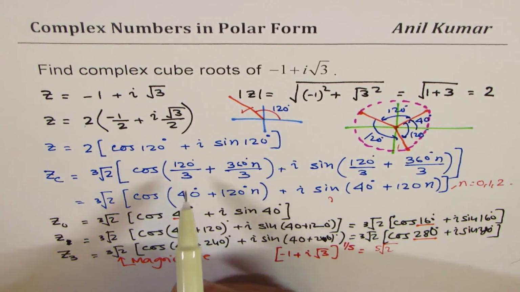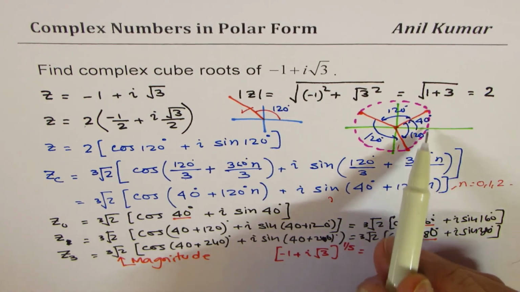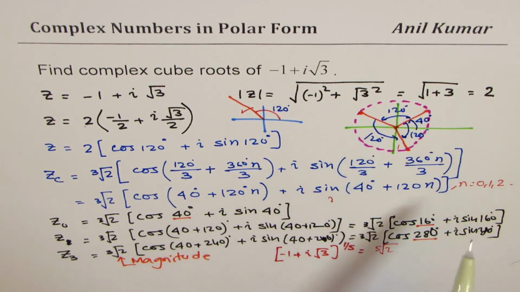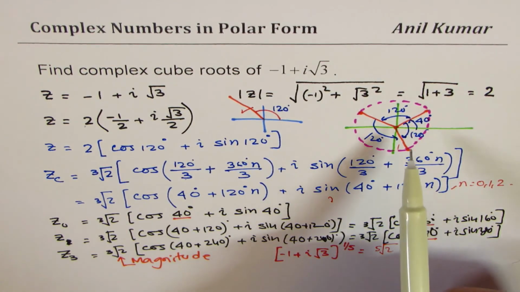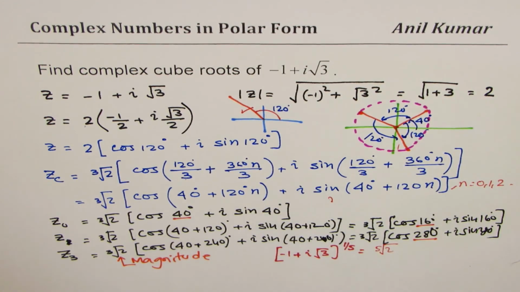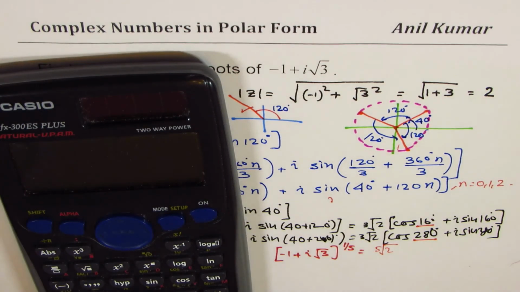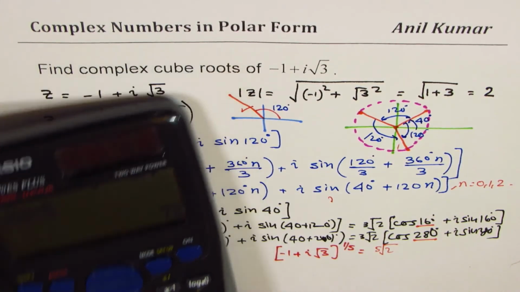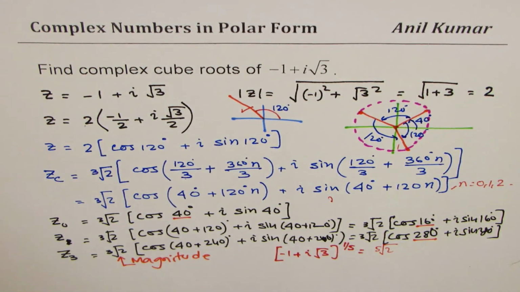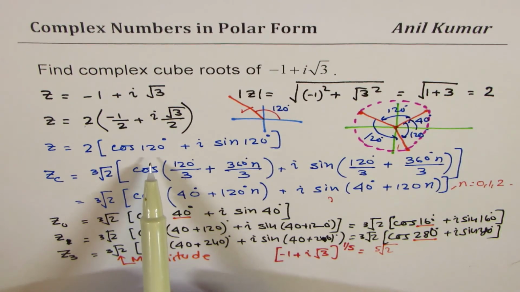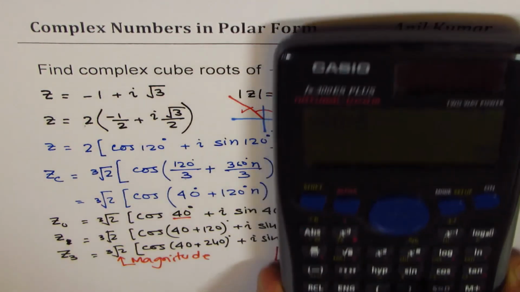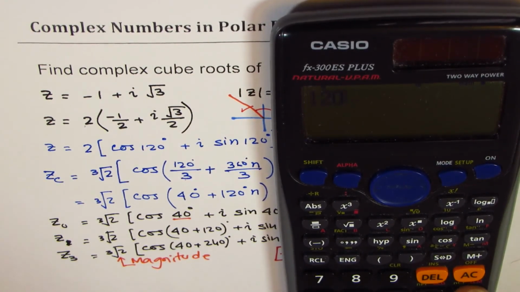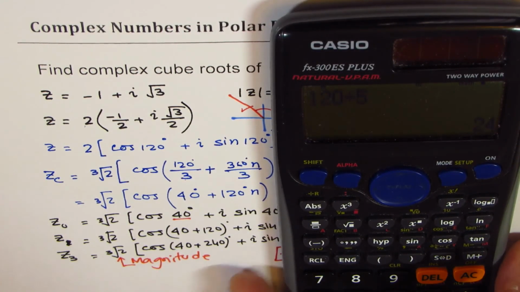And the angles will be equally spaced, by 360 divided by 5. Is it okay? That will be the spacing, 72 degrees, right? And the very first angle is going to be 120 divided by 5, which equals 24 degrees.